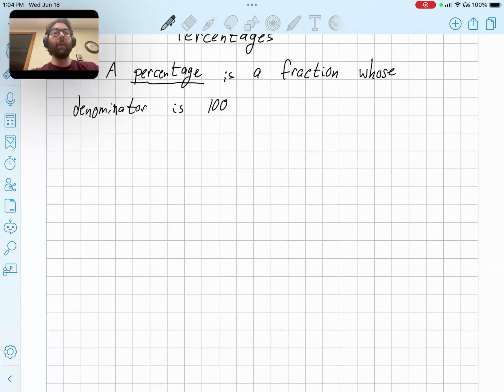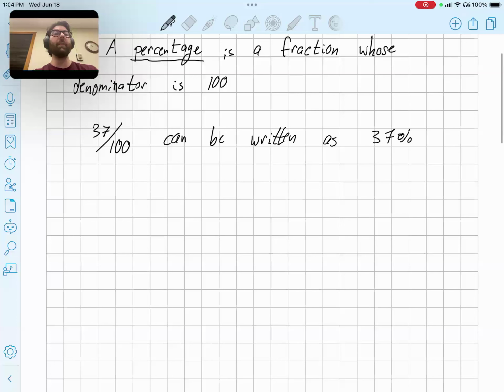So 37 over 100, that's a percentage. We call that 37%. So this can also be written as 37%. And we use this little percent symbol.